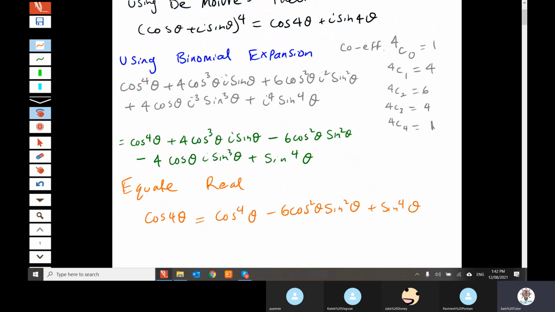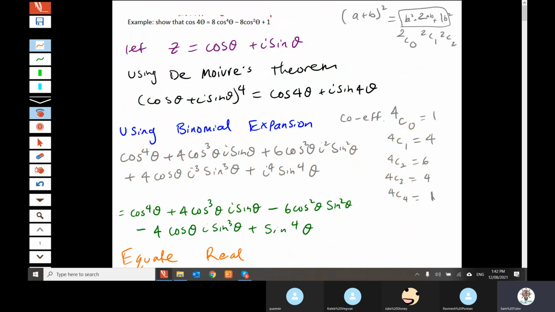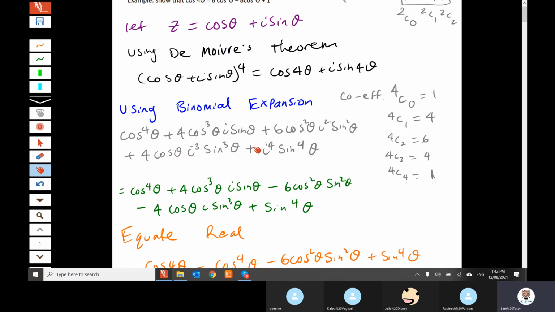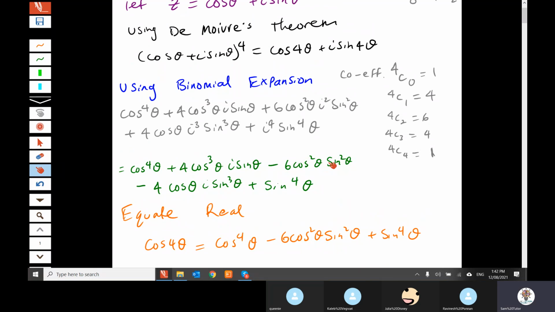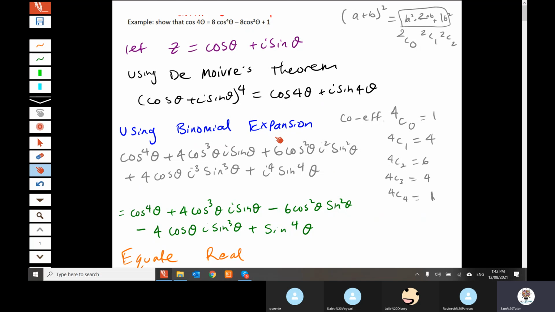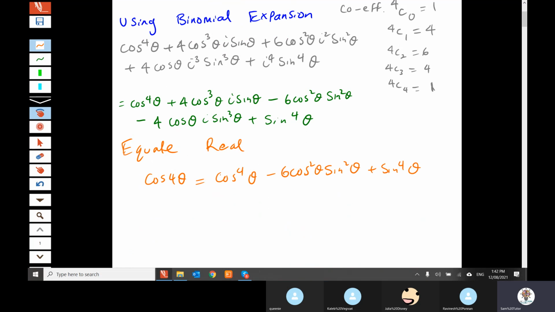We're good. But what's the difference, obviously, from what I'm asking you to show and what you have here so far? The sine. So what are we going to do? We're going to change all my sine squares to eventually cos squares, and then we should be done. So next line, cos to the 4 minus 6 cos squared. Sine squared is 1 minus cos squared. Sine to the 4, there is no such thing, so you can only do it as sine squared squared. One more time.